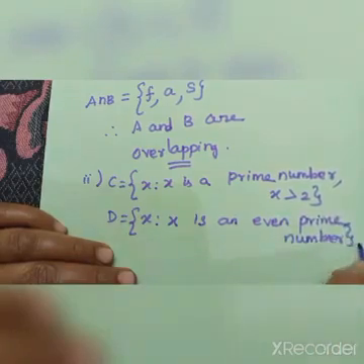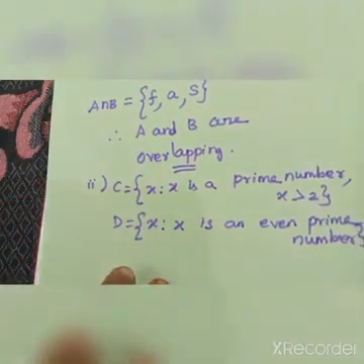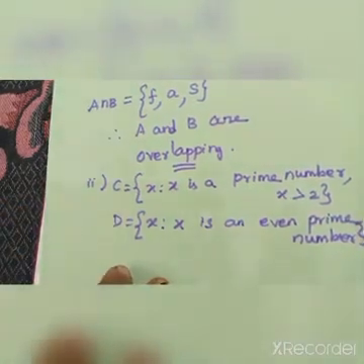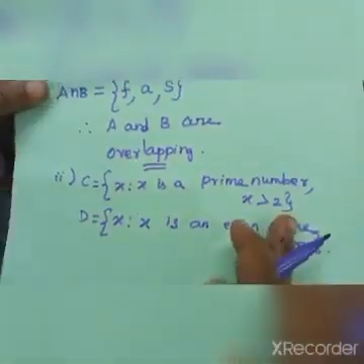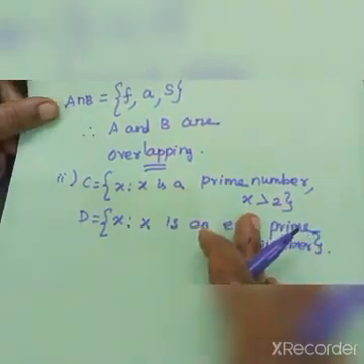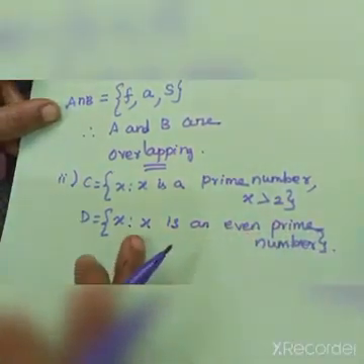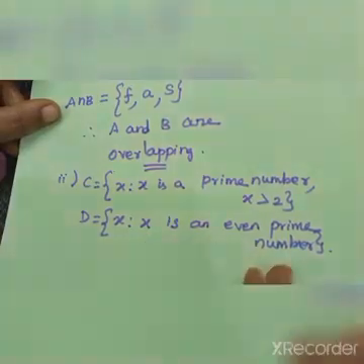Close the bracket. Okay, here C is equal to {x such that x is a prime number but x greater than 2}, and D is equal to {x such that x is an even prime number}.